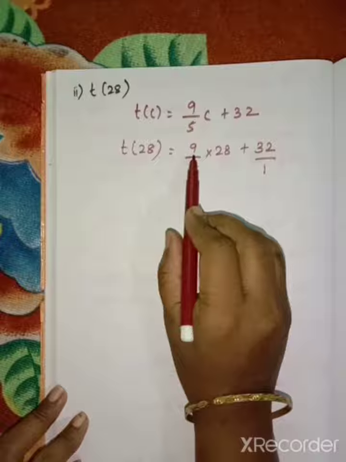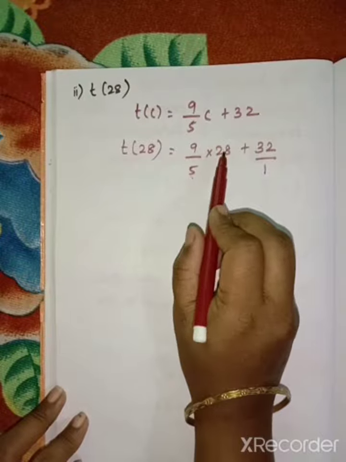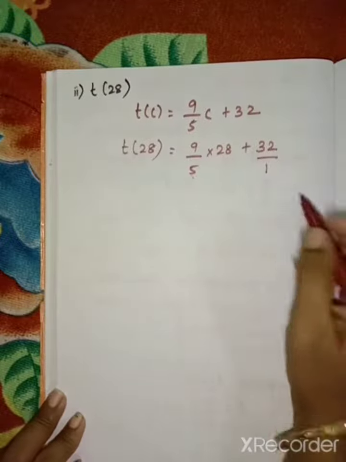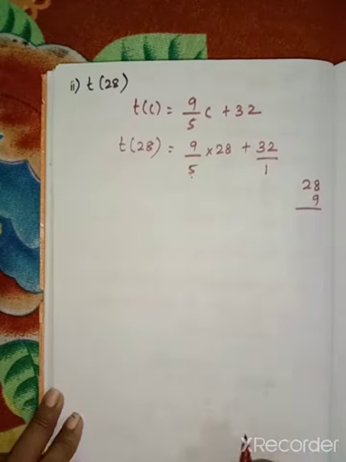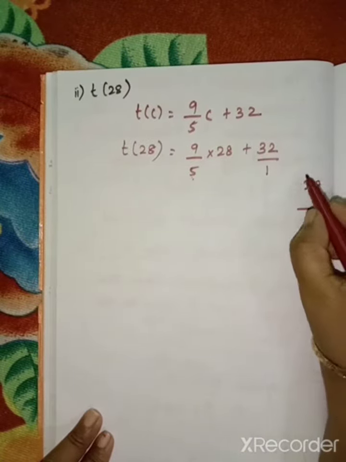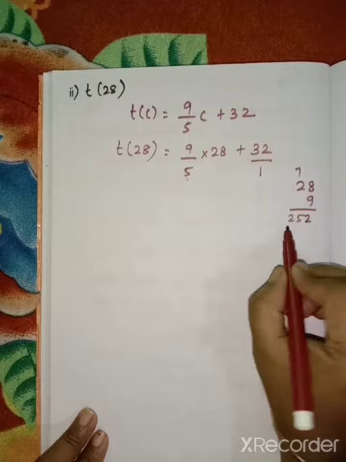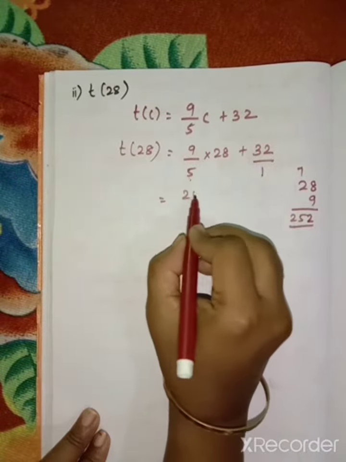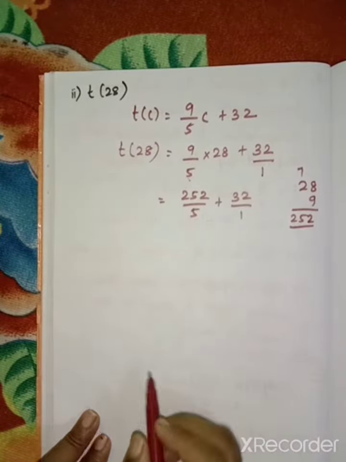So in between the numerators we can multiply, because in the 5 table we can't cancel 28. So first you have to multiply 28 into 9. So 9 7s are 70. Sorry, 9 8s are 72. Balance 7. 9 2s are 18. 18 plus 7, 25, so 252 divided by 5 plus 32 divided by 1.